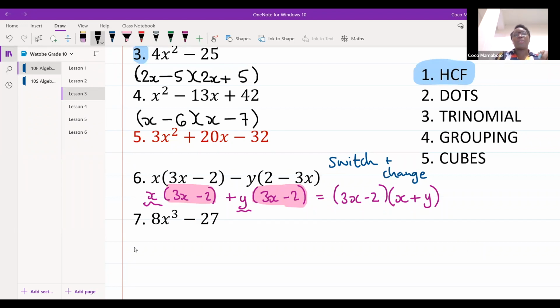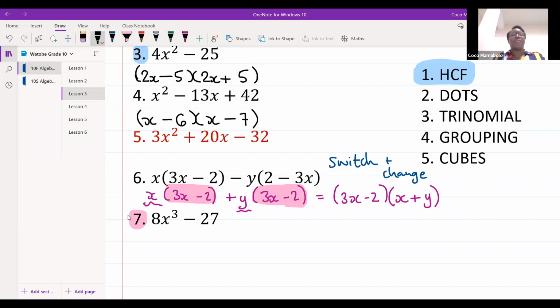Now, this one is easy to spot. Number 7. What are we looking at in number 7, guys? What kind of factorizing are we going to be doing here? Cubes. Good. It's a cube.